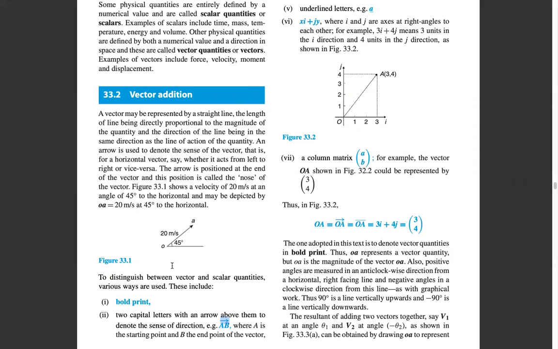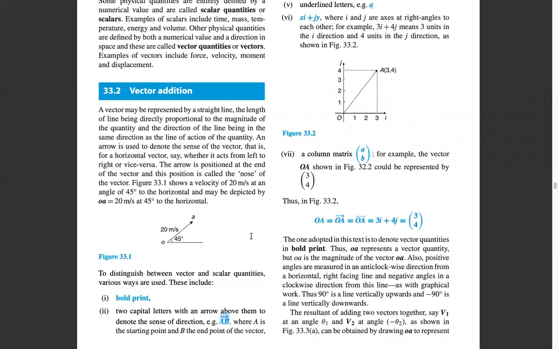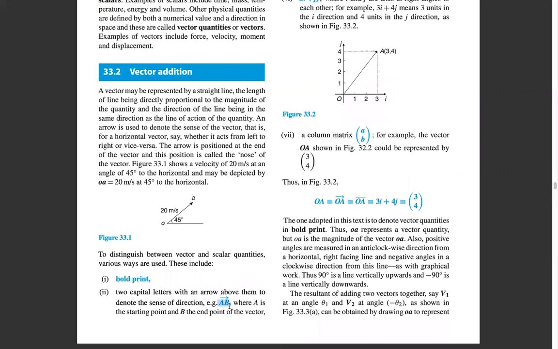So the length of a line might be 4 centimeters, and you give somebody the scale, 1 centimeter to 5 meters per second, and then you have to draw the line with a direction, and we have an origin, which is where the vector starts from. Vectors are given a name, say lowercase a, and you also give it a position vector notation where it starts from E and goes to B.